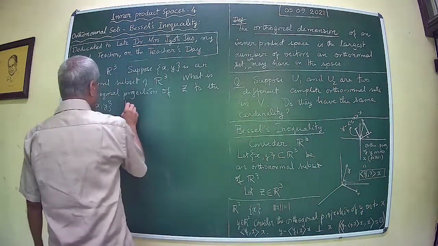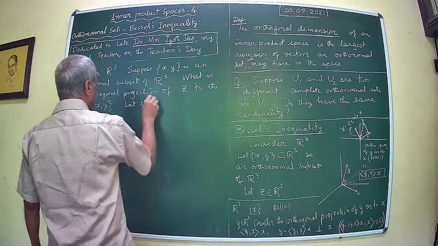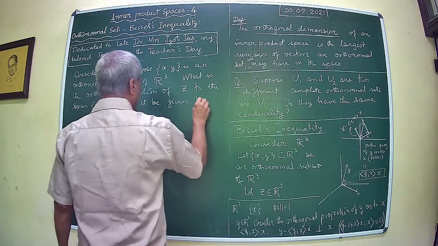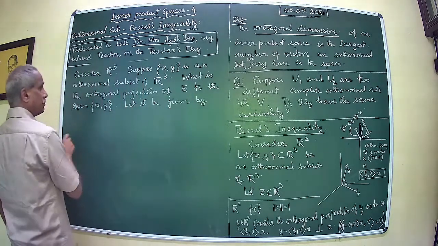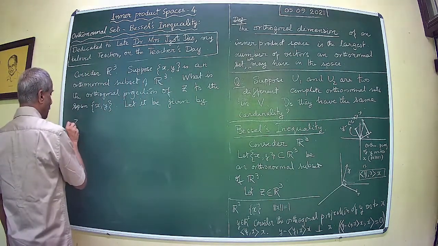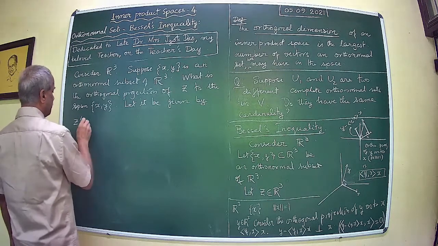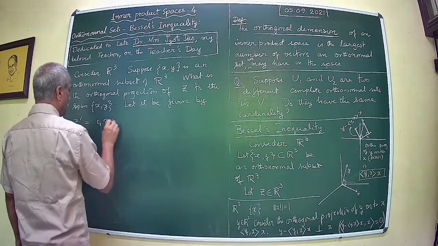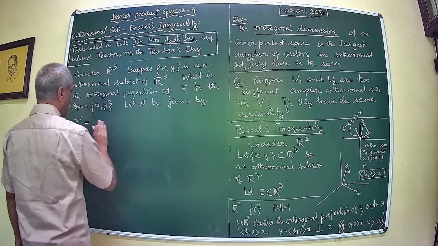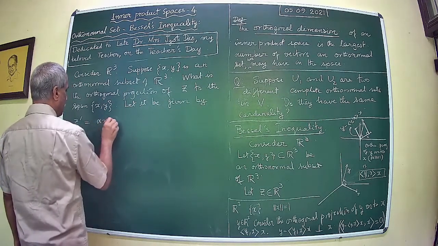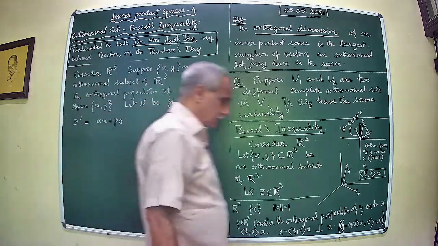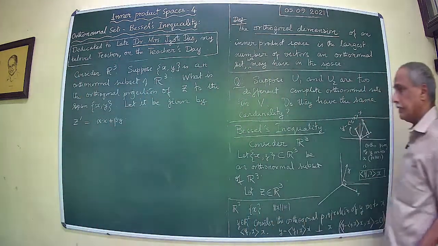Let it be denoted by Z prime, which is equal to alpha x plus beta y.